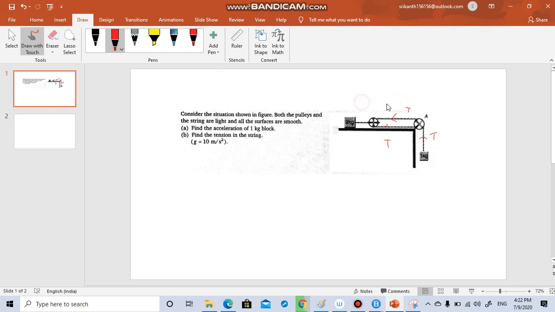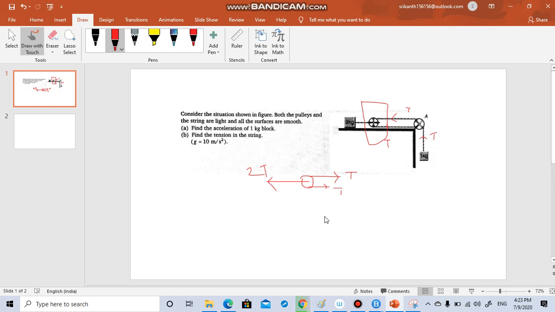Now if you consider this particular portion, what will happen? You have a situation like this. You have, this is T, and even this is also T. So in order to keep this in equilibrium, this has to be 2T.